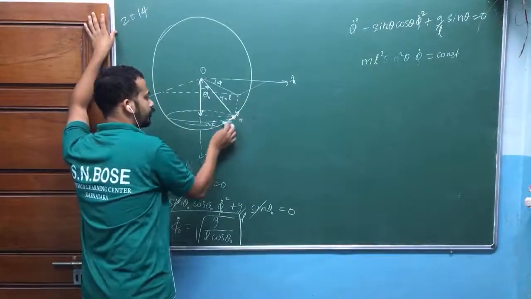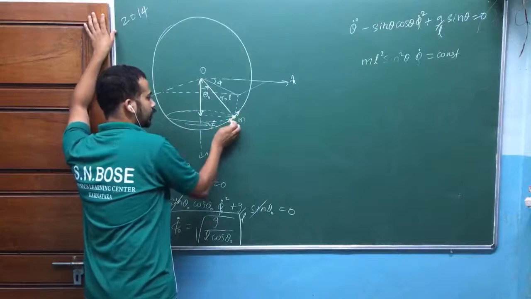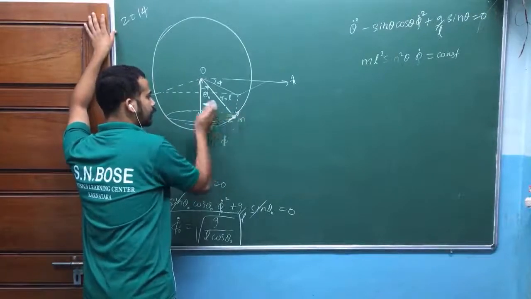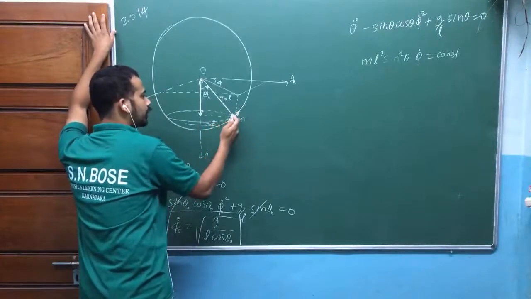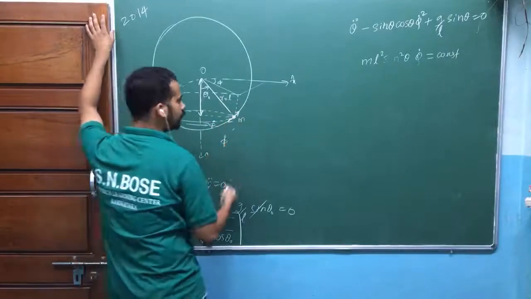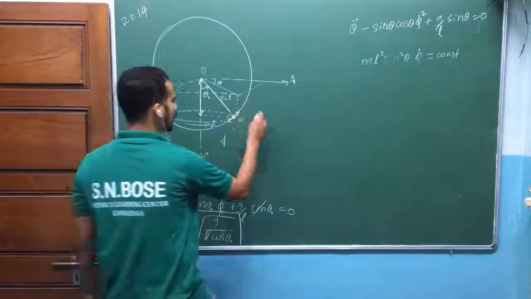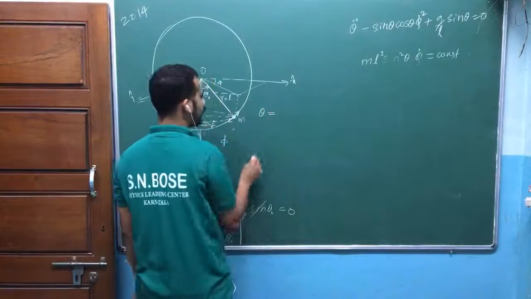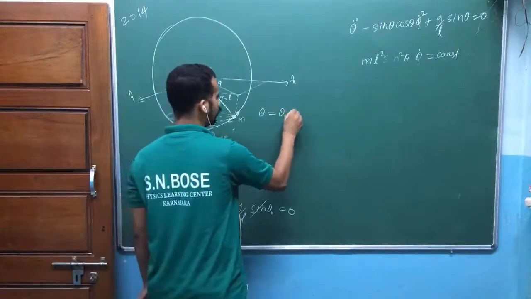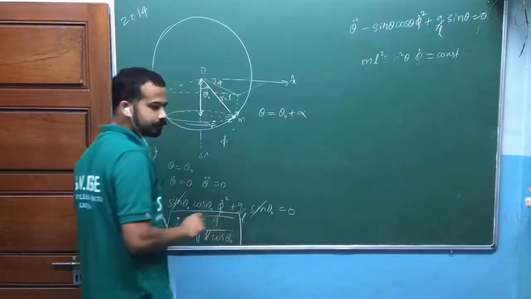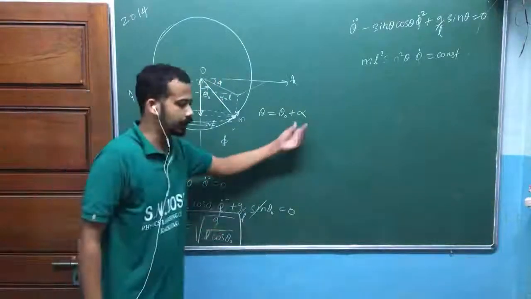If you try to change this theta naught somehow, it will try to regain that theta naught, so that it will do a kind of small oscillation. In that case I can write theta as theta naught plus some alpha. That alpha may be positive or negative.